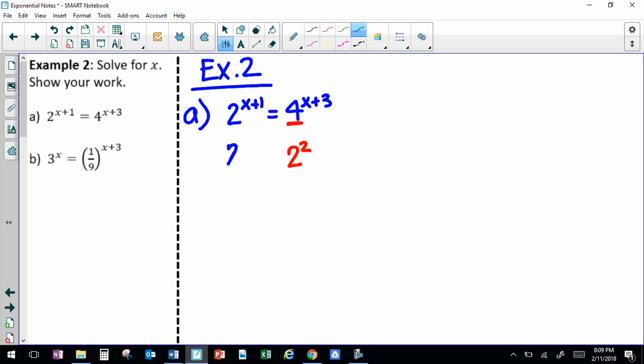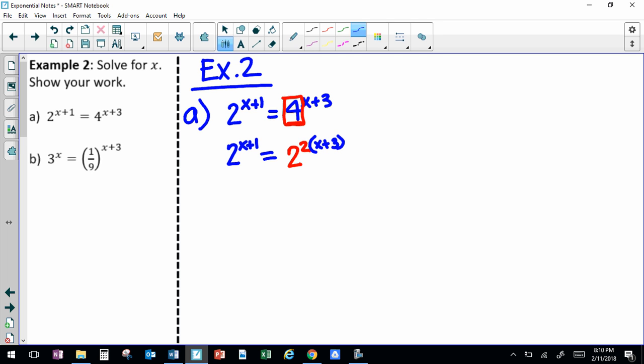So this side stays the same. And all I'm doing is taking this 4 and changing it to 2 to the second power. And then I still have what was in the original exponent. I need to put that in parentheses like that. Okay? So if the bases are not the same, then you ask yourself, can I change one of these or both?